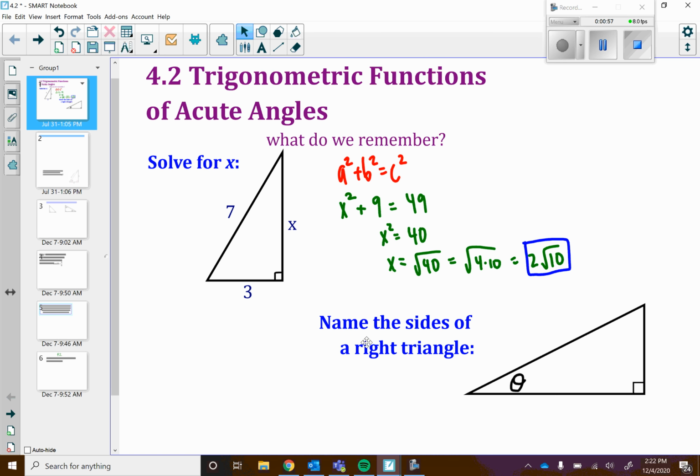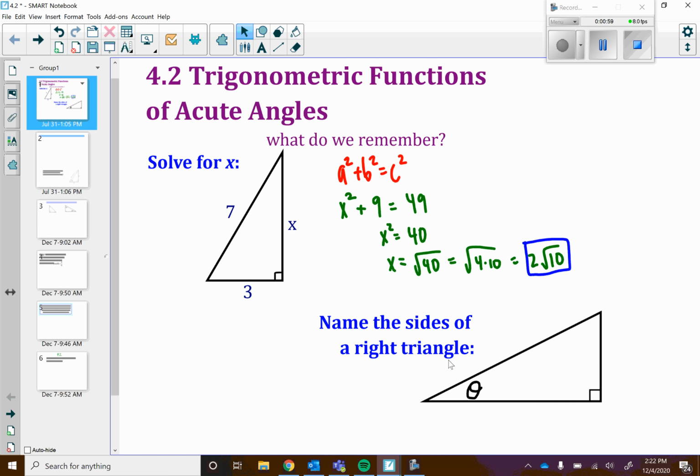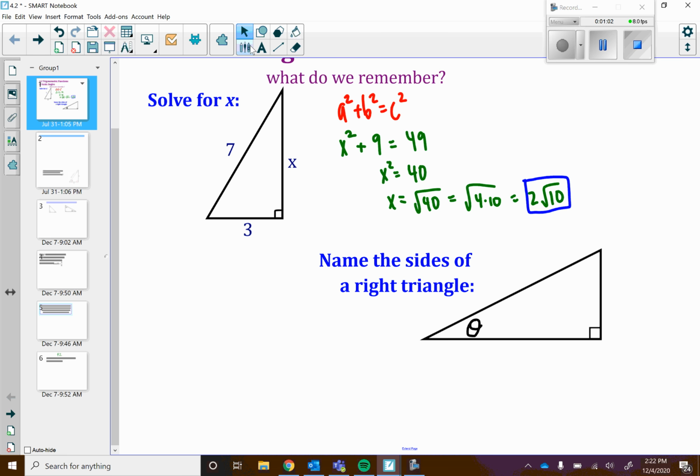Then the other question is, how do we name the sides of a right triangle? If this is angle theta in the corner, do you remember how we name all the sides in relation to theta? Hopefully, in your head, you're thinking, this is the hypotenuse. Did I spell that correctly? Hypotenuse. Okay, close enough.